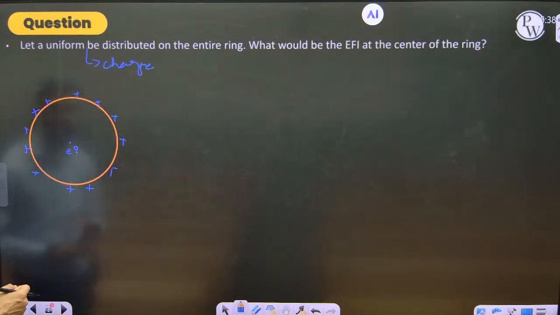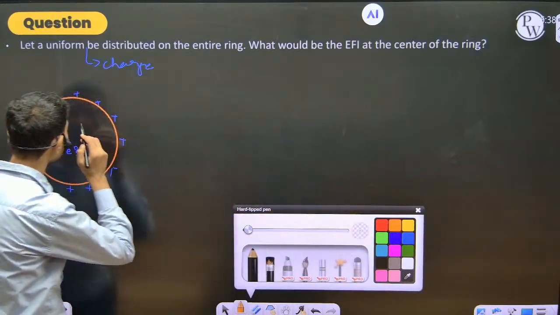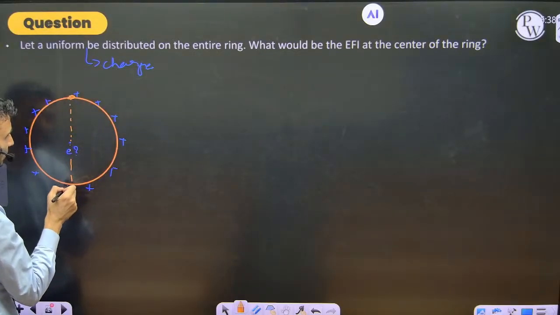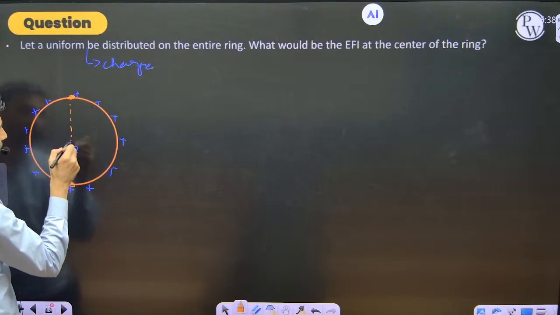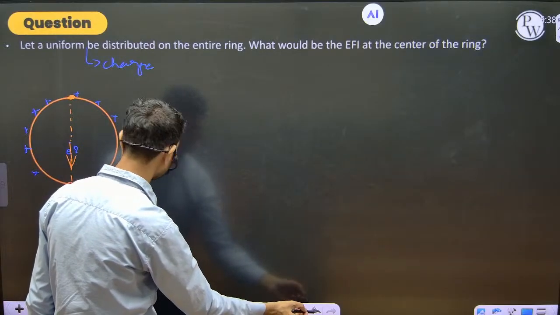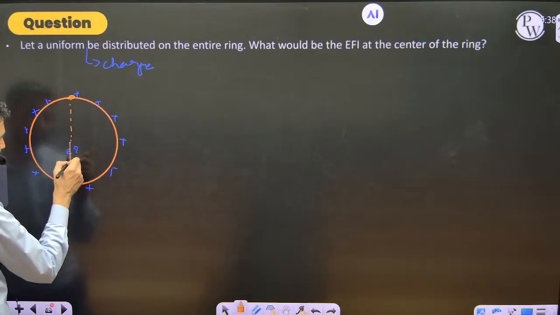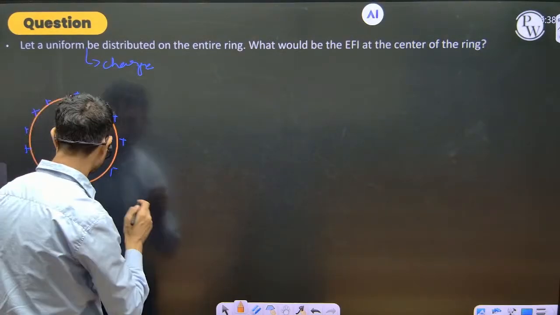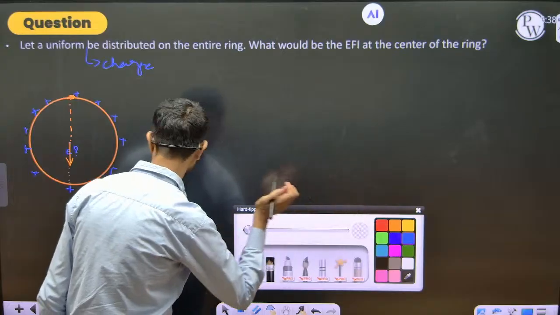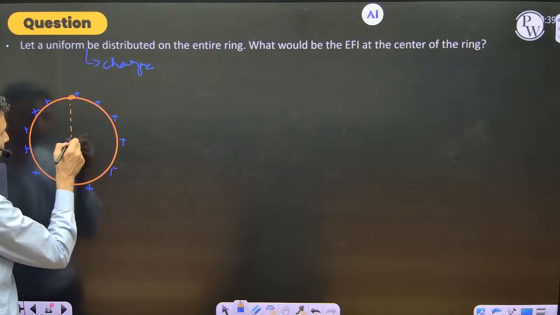So, electric field will be how much? Let's see. Due to this portion, the electric field will be in this direction. This portion will send the electric field in this direction. Right? And this portion will send the electric field in this direction.